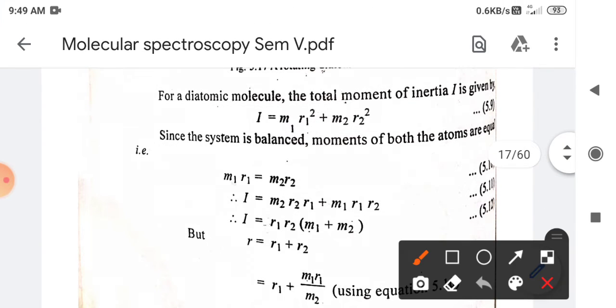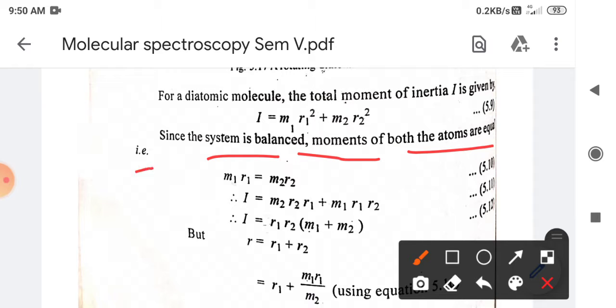But since this system is balanced, the moments of both atoms are equal. So m1 r1 equals m2 r2, because we are considering rotation about the center of mass, so it is a completely balanced system.